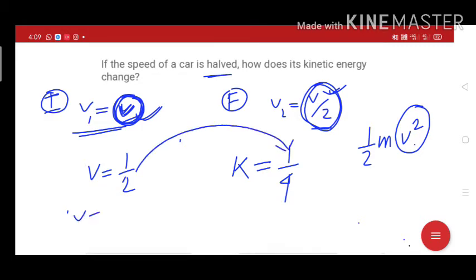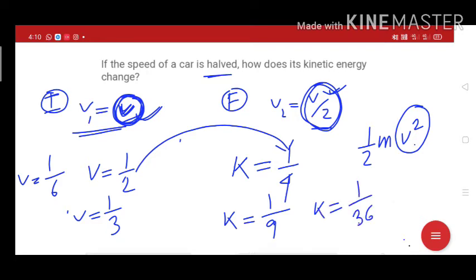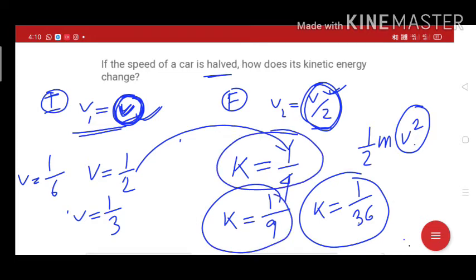So if they ask you that the velocity changes to 1/3, then what will be the change in the kinetic energy? So that is going to be 1 by 9 part. If the v is 1 by 6th, then the kinetic energy is going to be 1 by 36, like this. So you got my point? I hope so. So we are moving to the next question.